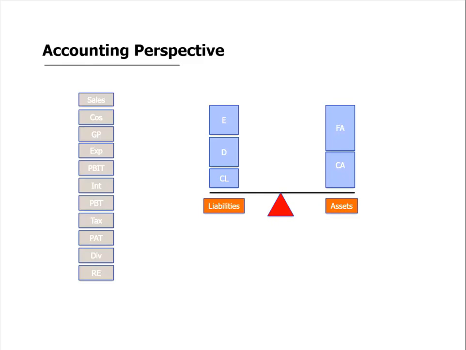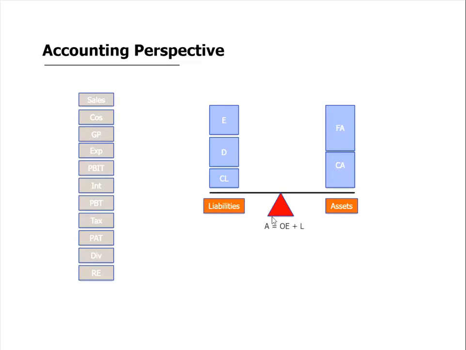Now, you cannot buy any assets without first having some equity or some debt, some money, in order to buy these assets. All right, so the accountants suggest to us that we acquire these liabilities from someone and we use this money in order to buy these fixed and current assets. Let's put some descriptions in here.